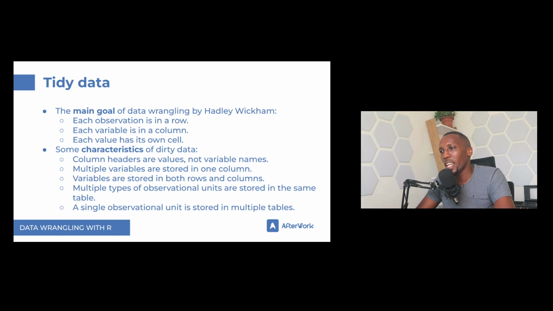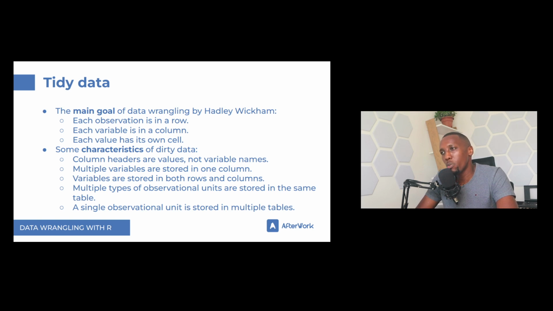And when you look at the other side, in terms of characteristics of untidy data, it would entail data that does not necessarily have column headers. In that situation, you would need to ensure that you look for those column headers, or you assign appropriate column headers to each and every variable or column.